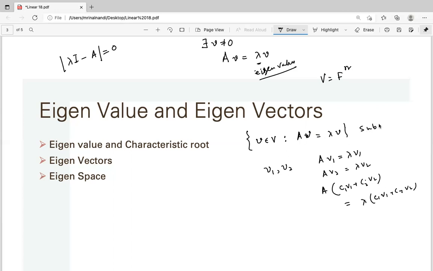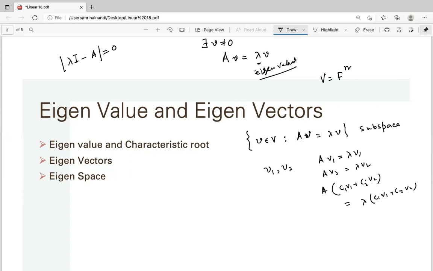But there's a slight problem. This is a subspace, but not every element of this subspace is an eigenvector, because 0 is in this subspace, so 0 satisfies this, but 0 is not said to be an eigenvector. So an eigenvector must be non-zero. That means the set of all eigenvectors, including 0, forms a subspace.